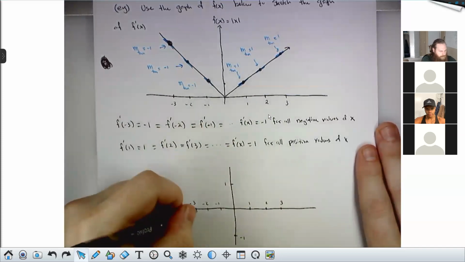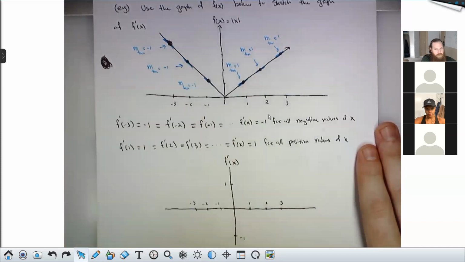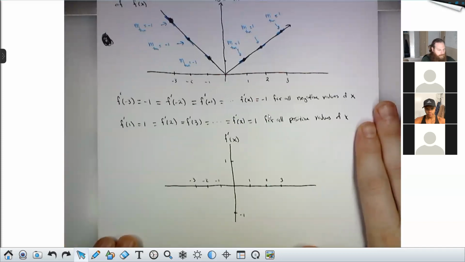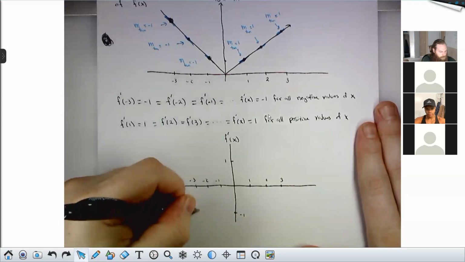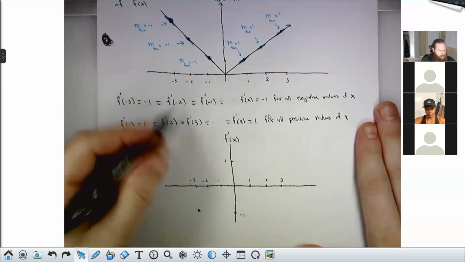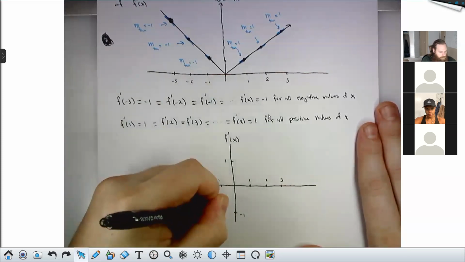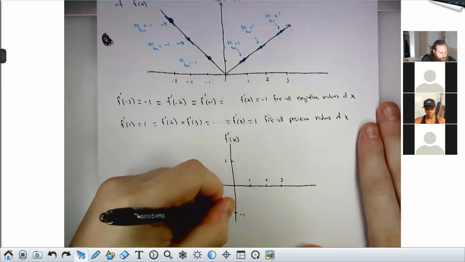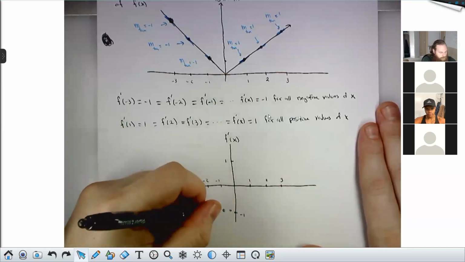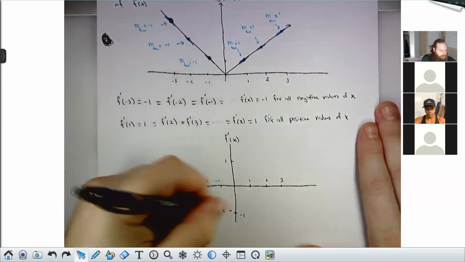Yeah, exactly. So here's the graph of f primed of x that we're going to try to sketch. F primed of -3 is -1, so -3 comma -1 is on the graph. F primed of -2 is also -1. F primed of -1 is also -1. F primed of -1/2 and -1.5 and -2.5, all of those would be down there.